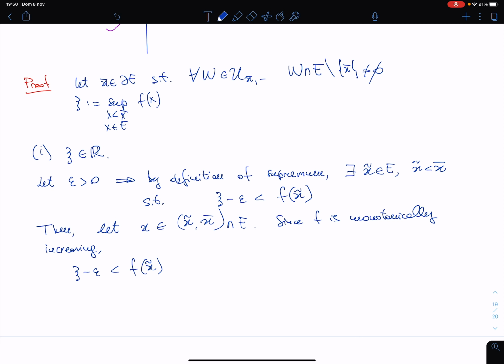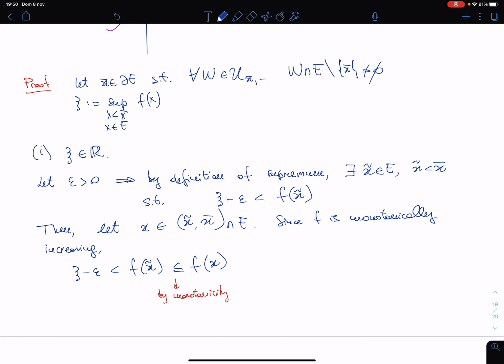This is the definition of sup. Here we use the fact that it is monotonically increasing because this is less than f of x, by monotonicity, since x is larger than x tilde.